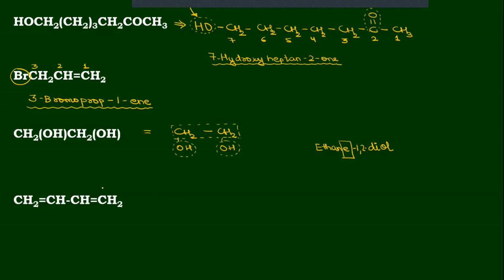Next, again if you observe, there are two double bonds. Meaning the functional group is only one, but it's repeated twice. So as I said, for one double bond we write ene, for two you would be writing diene.